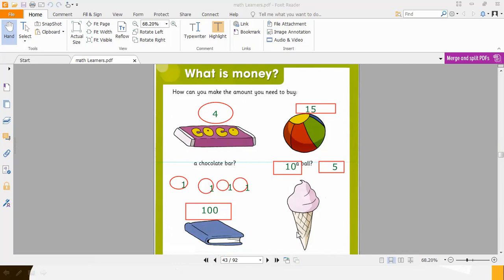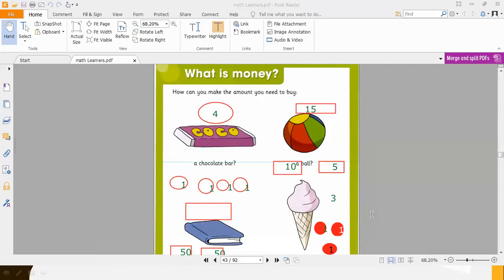Okay, the last one is an ice cream. We should have 3 coins of 1 real in our pocket in order to buy an ice cream. The currency that is used here in Saudi Arabia is reals. We have two types of currency here, the coin money and the paper notes.